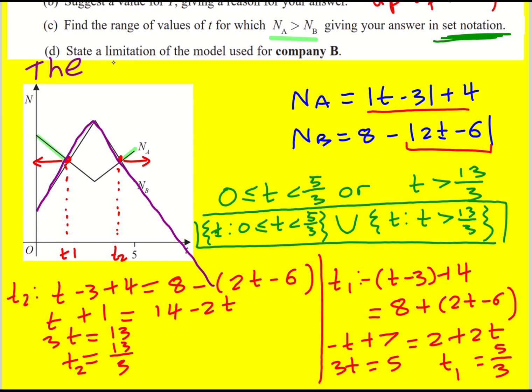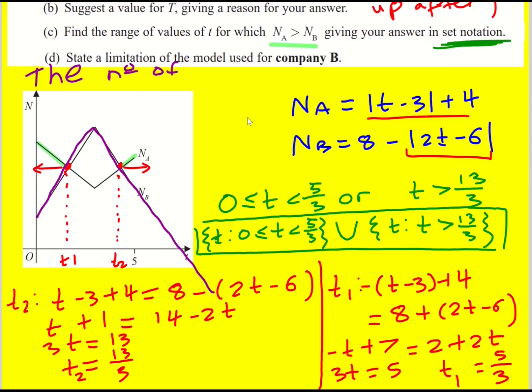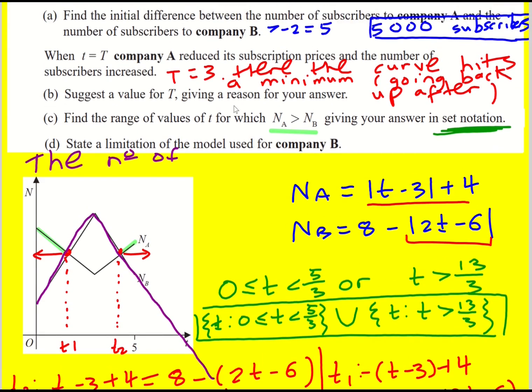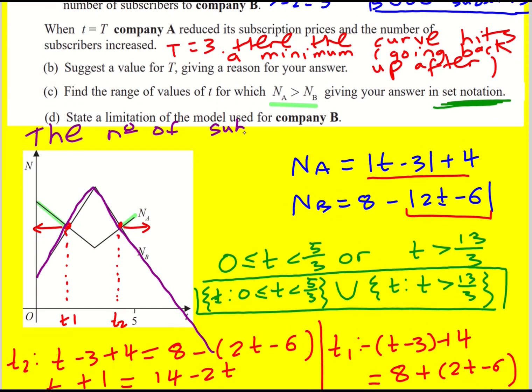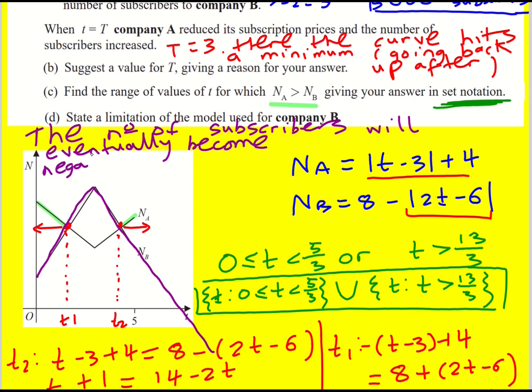So something along the lines of the number of subscribers will eventually become negative in company B's model.